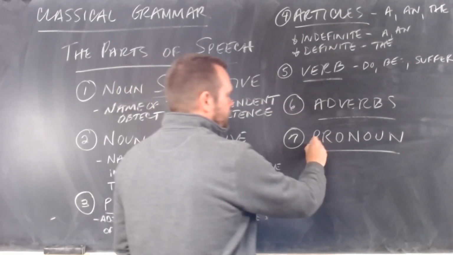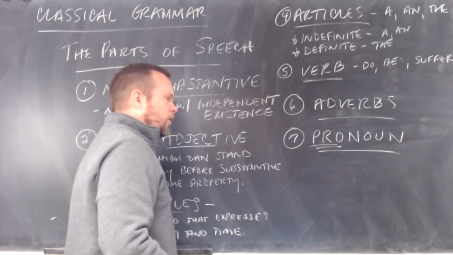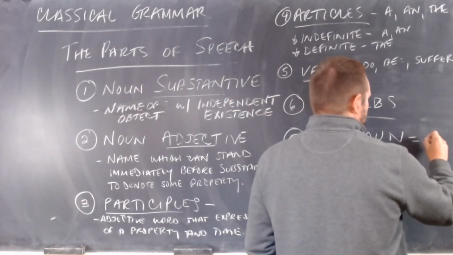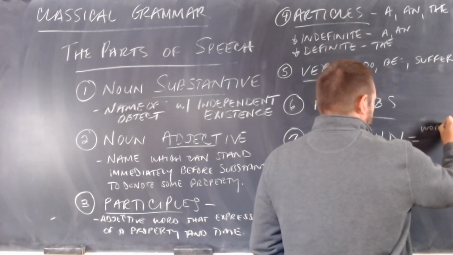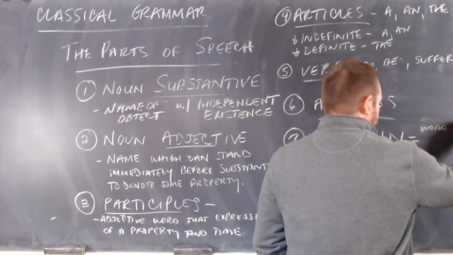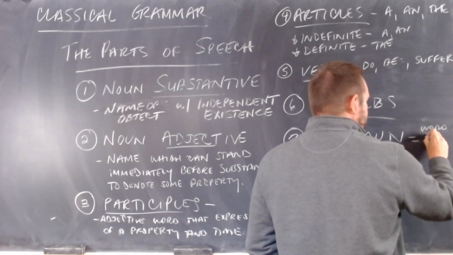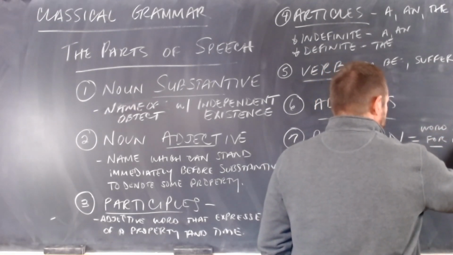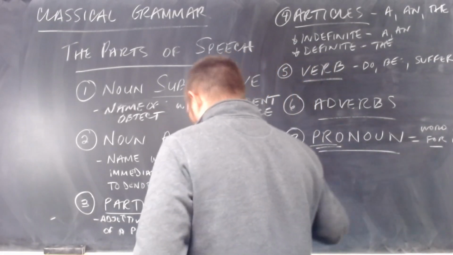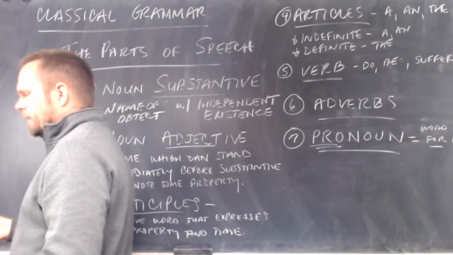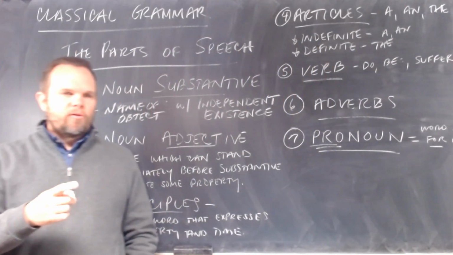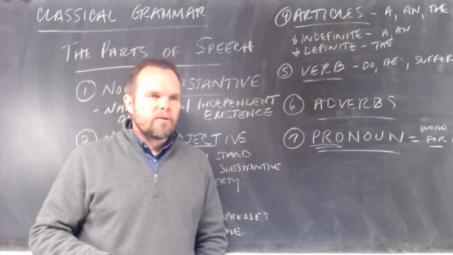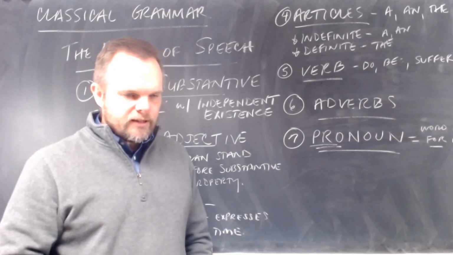In Latin, this word pro is a preposition and it means for. So a pronoun is simply a word that's used for a noun. The word pro simply means for. Pronoun, a word that's used for a noun. That's the simple definition we're given for paragraph 13 there.